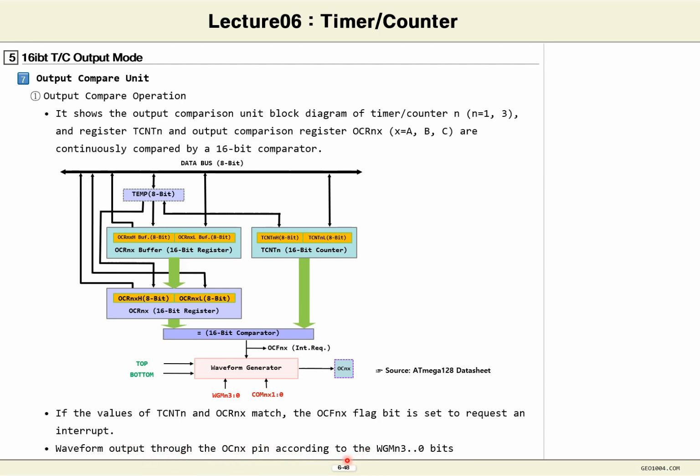Please note that the waveform output at this time is set according to the mode, determined from WGM3 to bit 0. So, you should know that output is output to the OCnX pin by bits WGM3:0 and COMnX1:0.